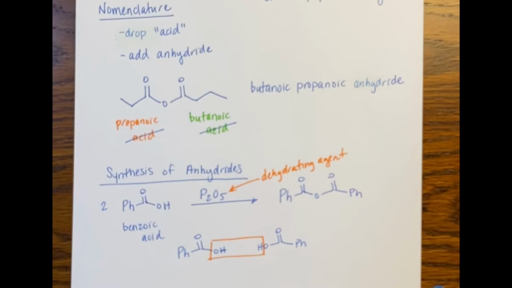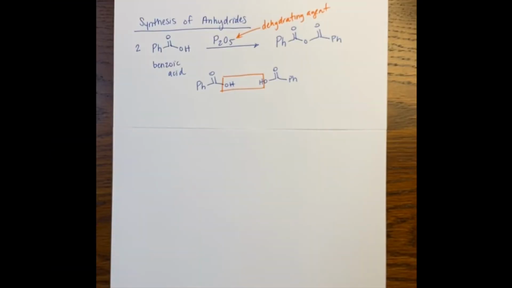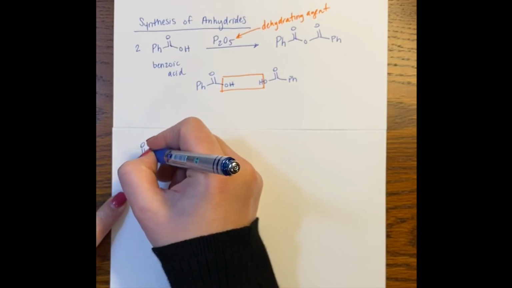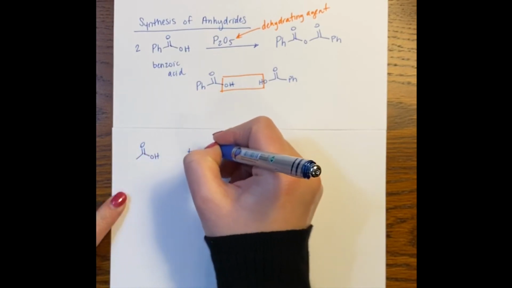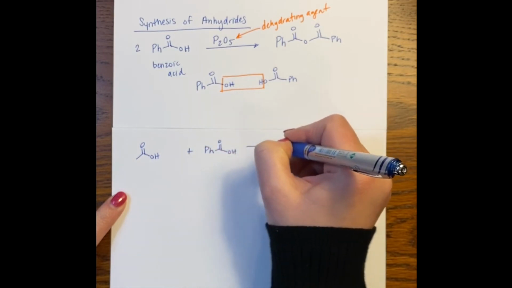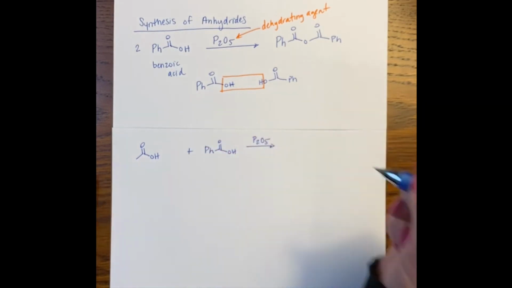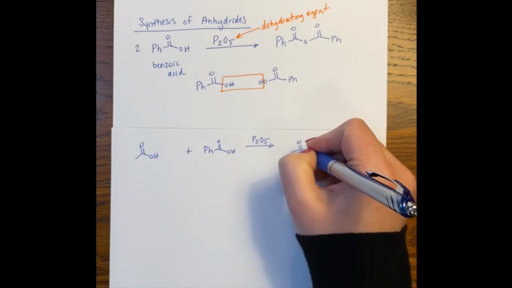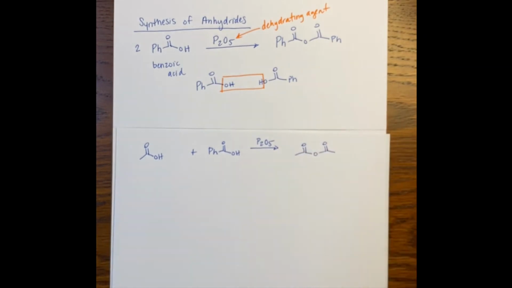If we were to think about how we might put together a mixed anhydride, it's going to look a little bit differently. So now if we think about a similar reaction in an effort to make a mixed anhydride, let's say we combine ethanoic acid with benzoic acid. We can treat these components with P2O5 and analyze the possible reactions that we can get. Now in this reaction we can get 2 molecules of our ethanoic acid to combine, and that would give us ethanoic anhydride as a product.